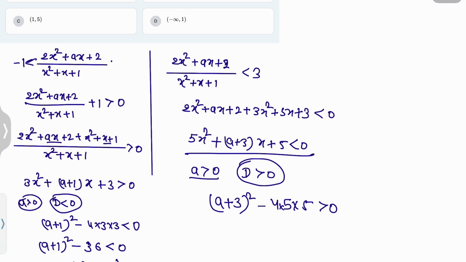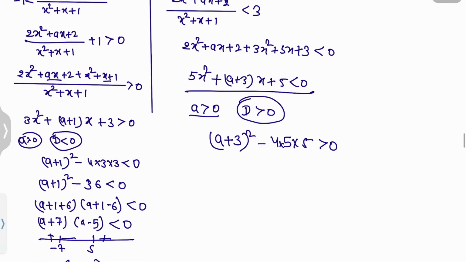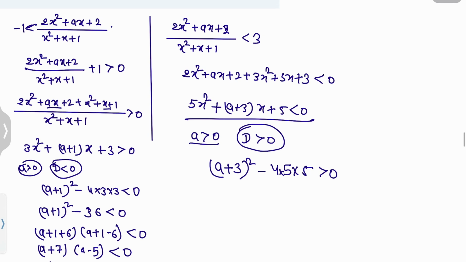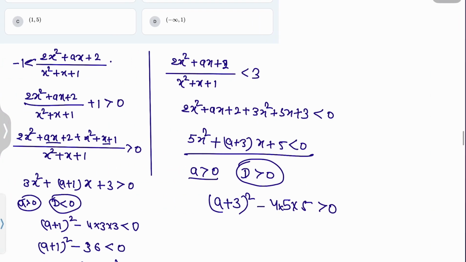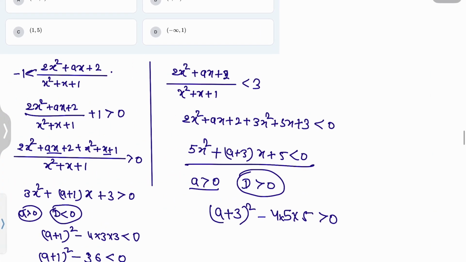According to this one, how to find that? There's one mistake in this question: that time it is minus 3.